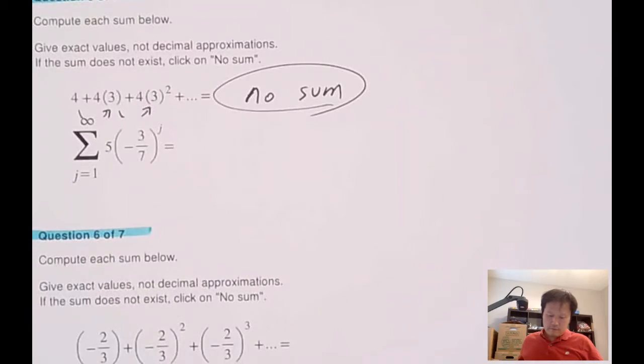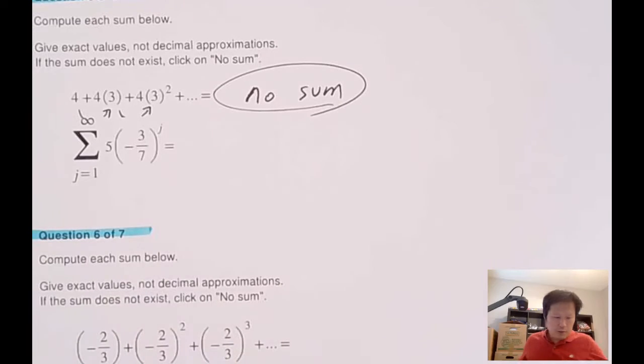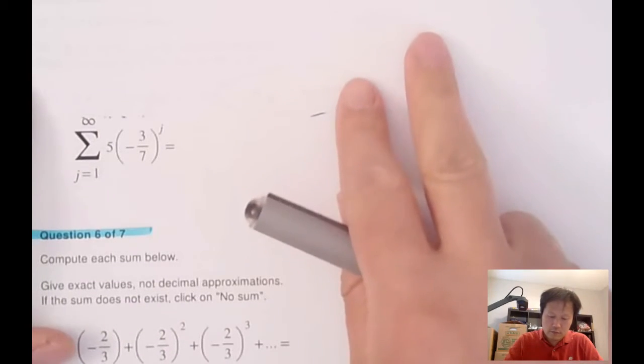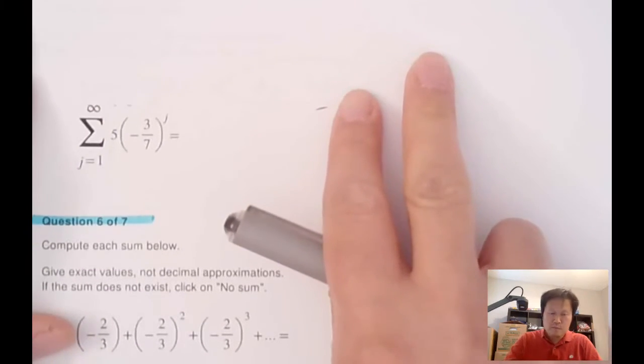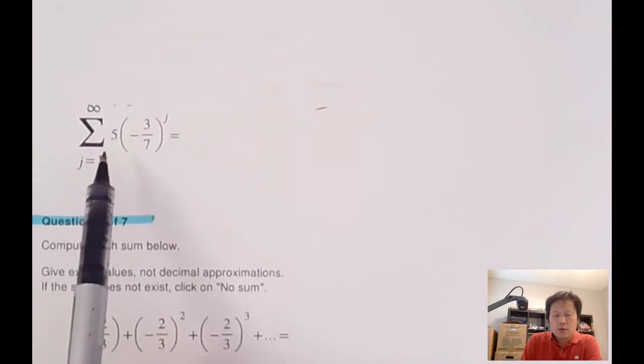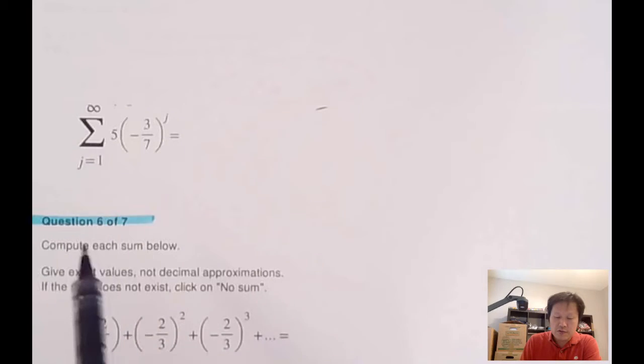Okay, this question here is the next question, and let's take a look at it. So if you look at it, j equal to 1 through infinity, what does that mean? You're going to plug in j equal to 1 here, get the value.